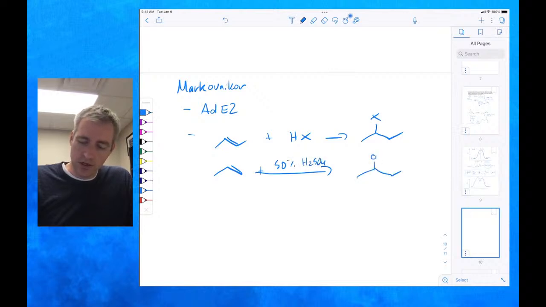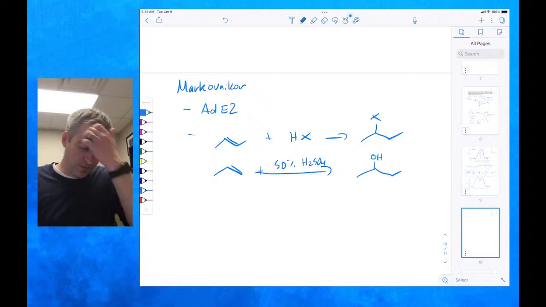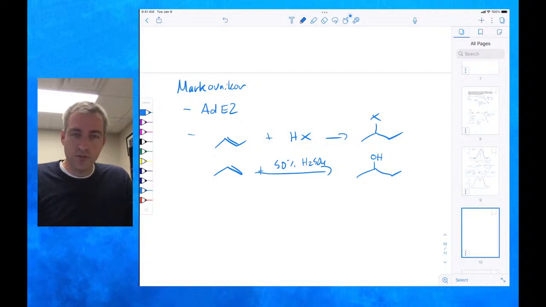This will do hydration. Both of these are Markovnikov. In addition, we did the other hydration, which was oxymercuration-demercuration, which is also Markovnikov, and the other way around, the anti-Markovnikov one was the hydroboration-oxidation.